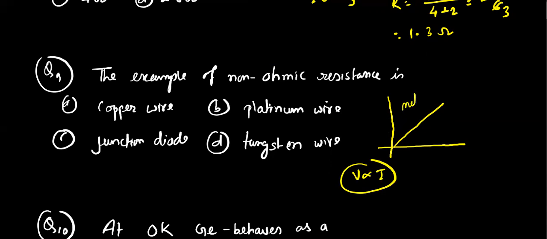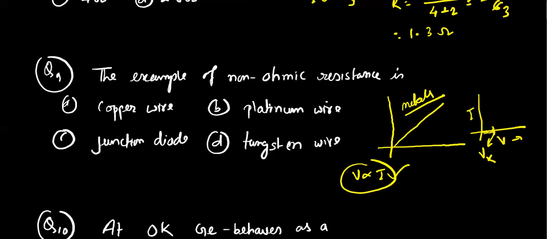Generally metals can show ohmic character, and semi-metals or semiconductors do not follow this rule, because as we know, for a junction diode or simply a diode, if we increase the voltage up to a particular voltage, that is known as knee voltage, the current shown will be zero.